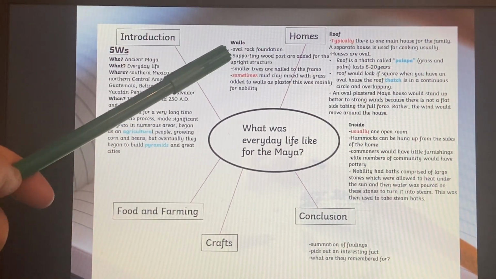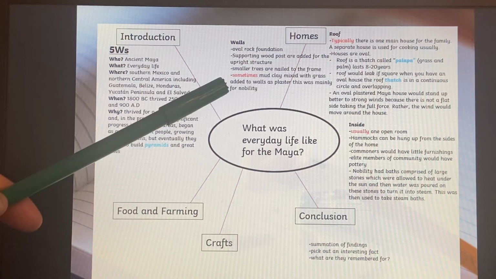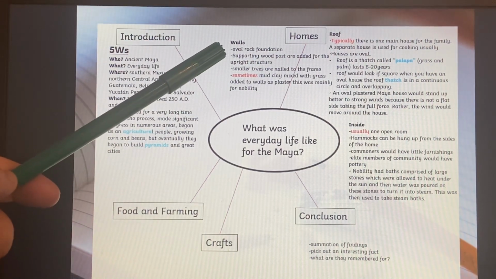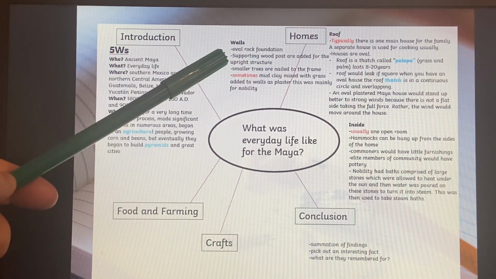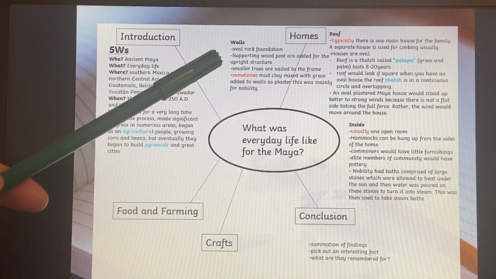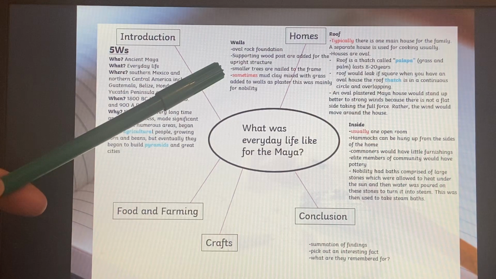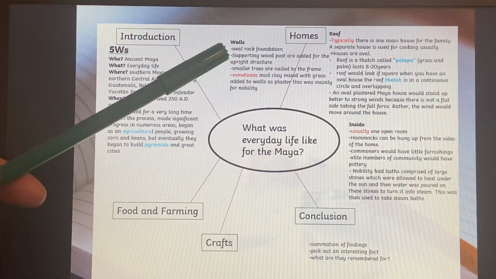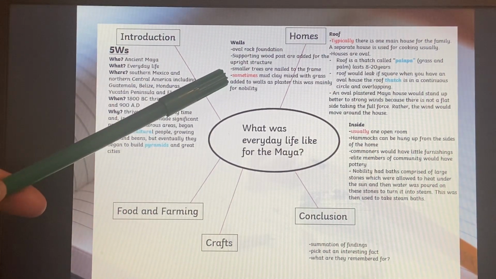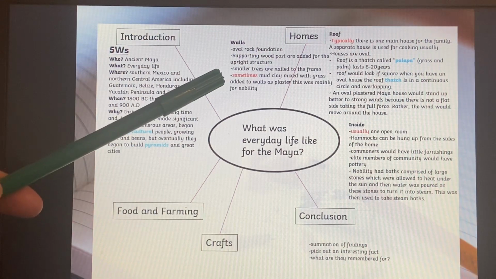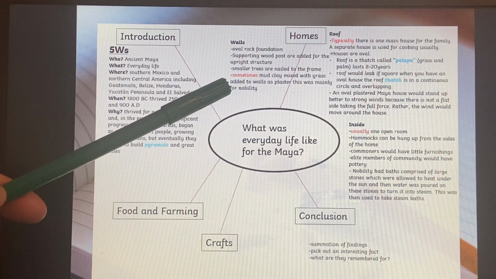So I'm going to write about how the walls are constructed in a home. They've got an oval rock foundation. Supporting wood posts are added to keep the structure upright, and smaller trees are nailed to the frame. And normally these smaller trees are cut down with machetes. And sometimes mud and clay are mixed with grass and added to the walls as a plaster.